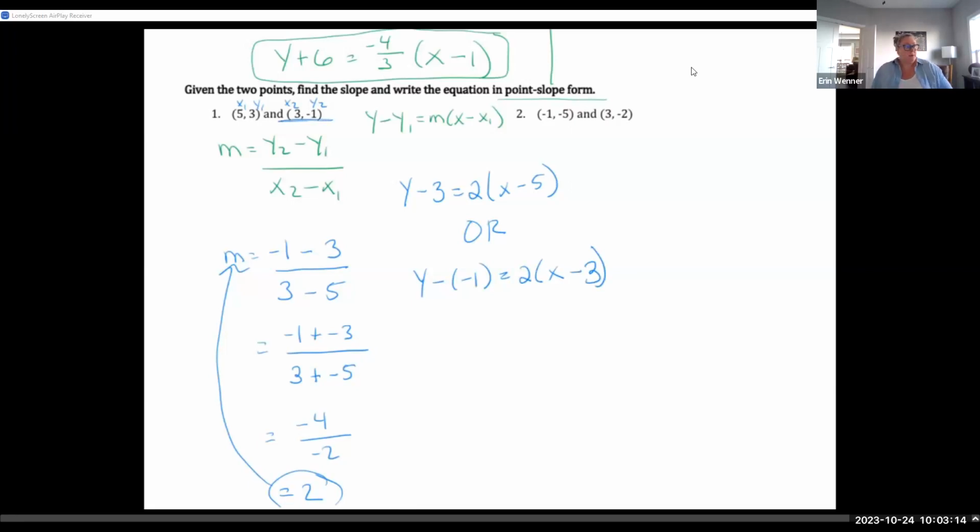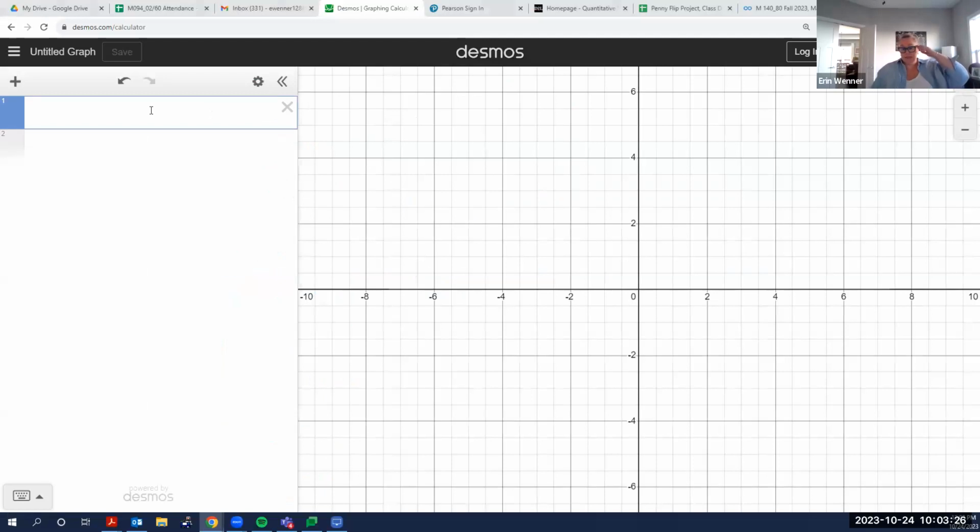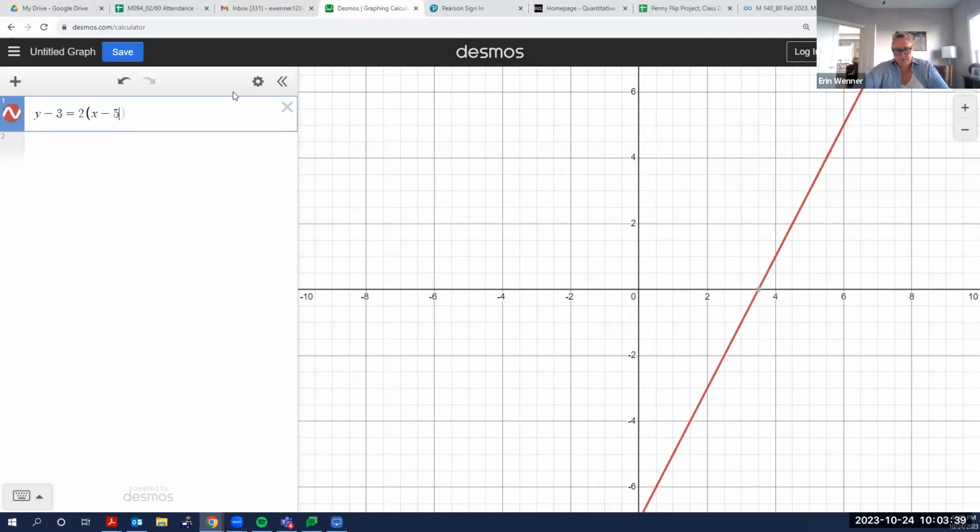Now, if we go over to Desmos, I like to show how this works, just to reiterate the fact that these are both the same. So if I plug in the first one, y minus 3 equals 2, and then parentheses, x minus 5. So you can see we've got that red line going, right?